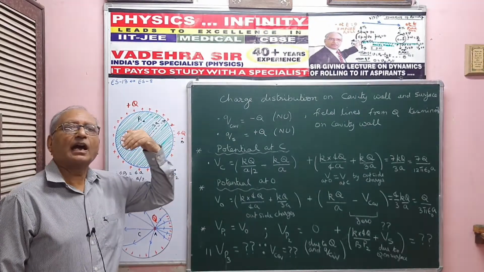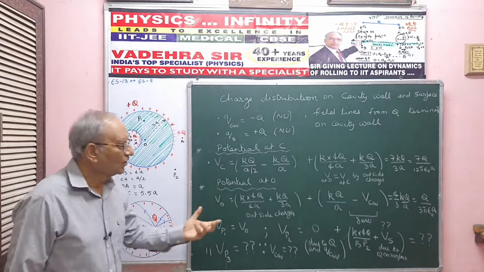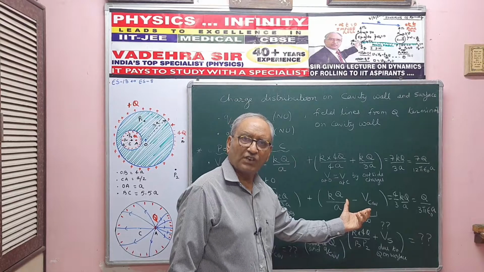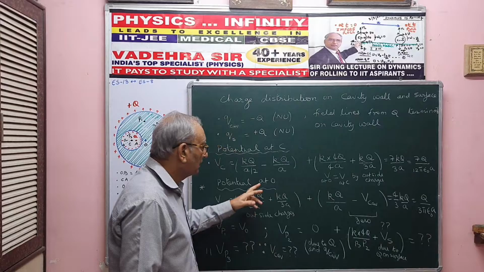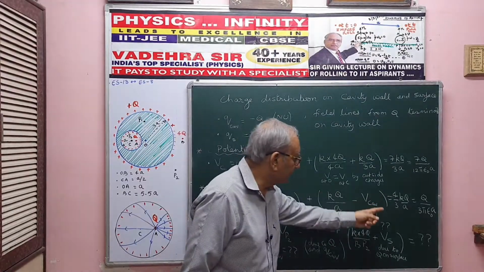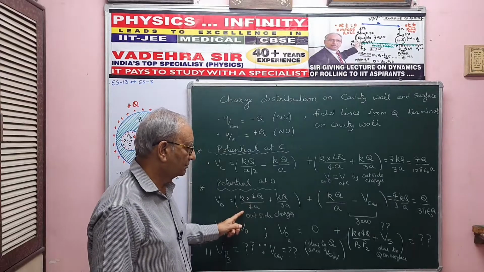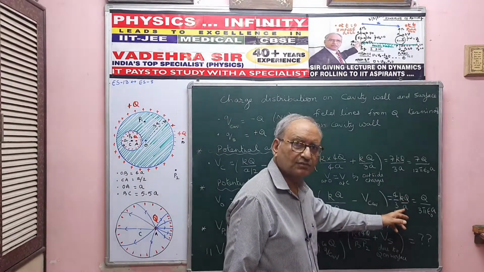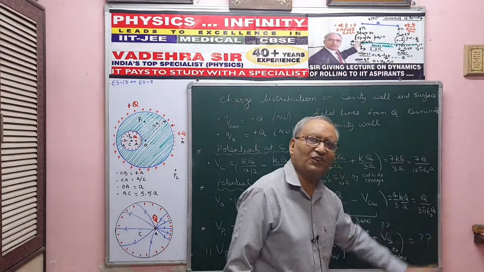In fact, outside the cavity, in the conductor and even outside. So the contribution of the charge within the cavity and on the cavity wall at O, this whole thing would turn out to be 0. So I am left only with this. I add, this is 4 by 3 kq by A. I break K. So Q upon 3 pi epsilon naught A.